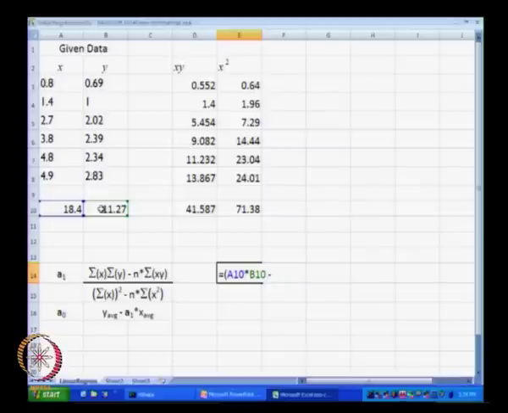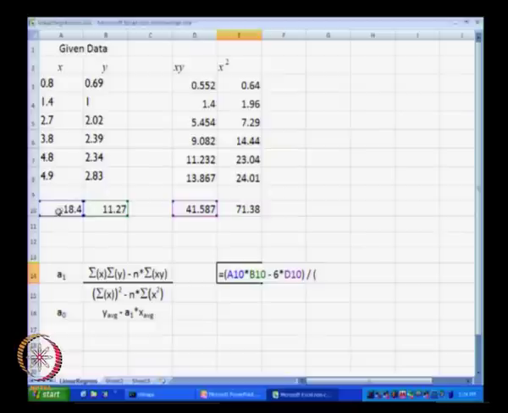Now n value is 6, minus 6 multiplied by summation of xy, which is this value over here, and this is our numerator. Slash to represent division, and our denominator is summation of x squared, summation of x the whole squared.